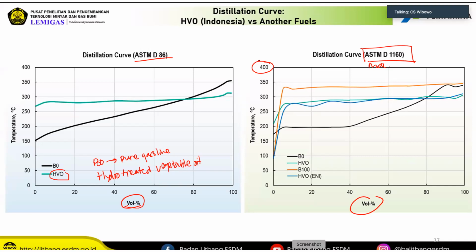This standard test method is also used to experimentally measure the batch distillation curve of a petroleum-derived fuel at atmospheric pressure. So the difference is that here we use the atmospheric pressure, and in the other we use reduced pressure.